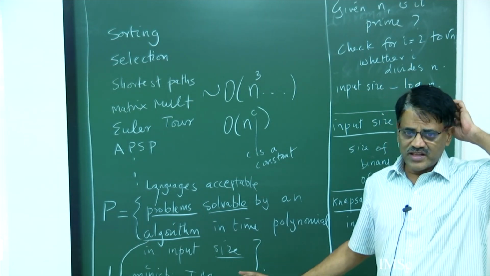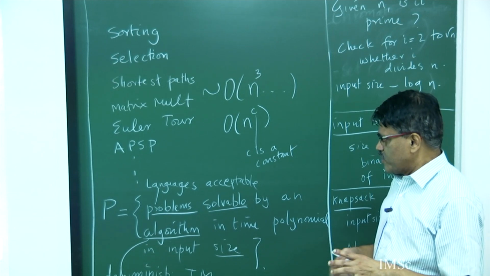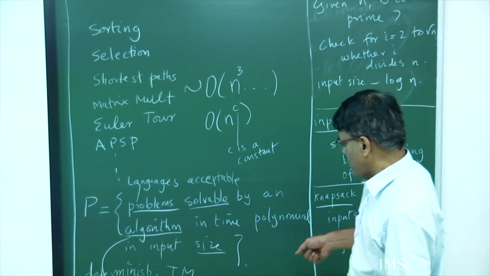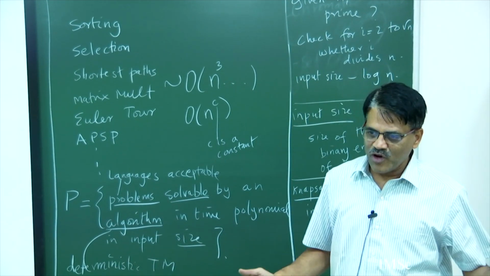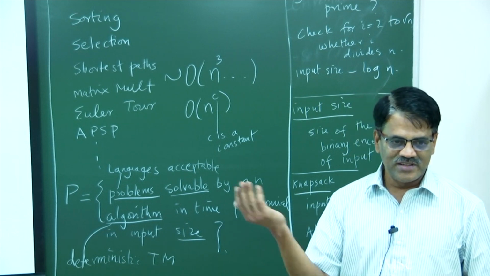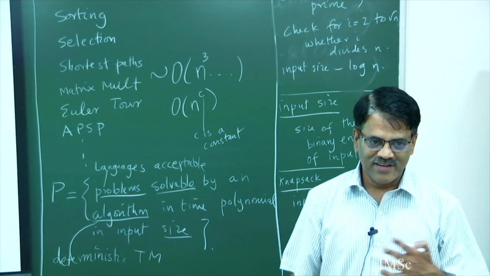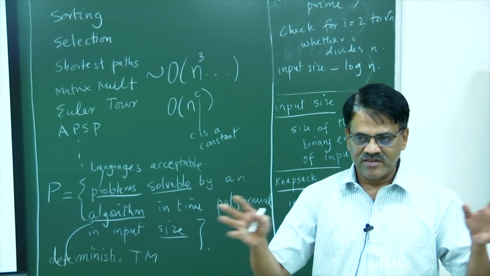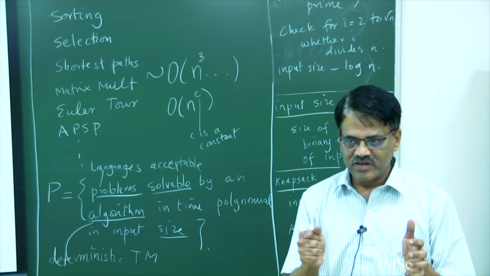Okay, there are a lot of other reasons. One is that it's very robust under different models of computation. So I said deterministic Turing machine, but throughout this course, we did not design Turing machine algorithms for sorting or shortest path. We were actually working in what is called a RAM model, random access machine. You have the registers, you can go access a number, do this kind of thing.